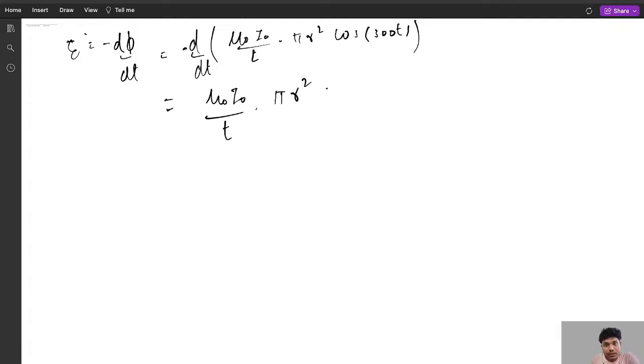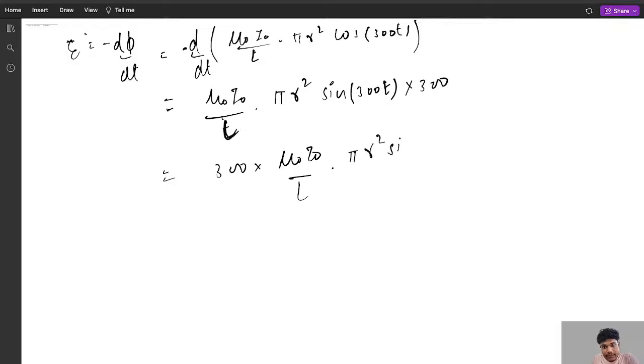What is the differentiation of cos? That is minus sine, and minus minus cancel out each other. That is sine 300 t into 300. From here we get 300 times of mu naught I naught upon L, sorry, this one is L, into pi r square sine 300 t.